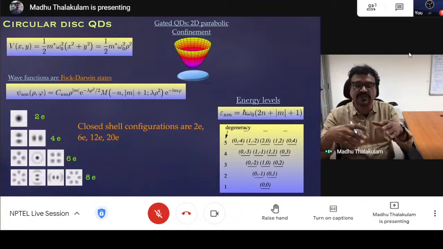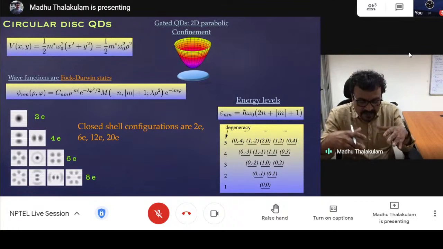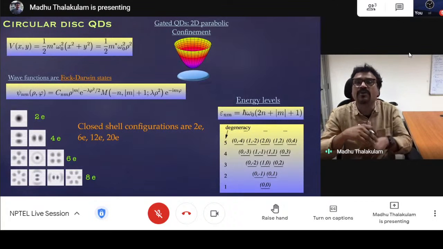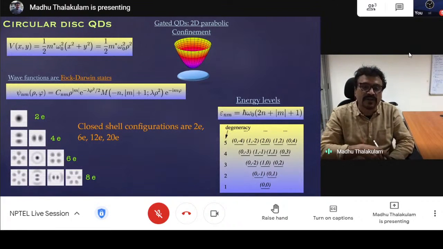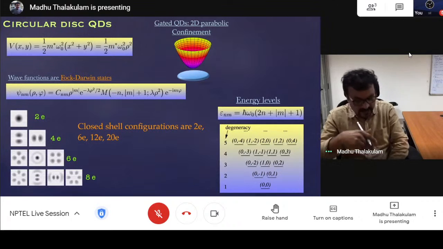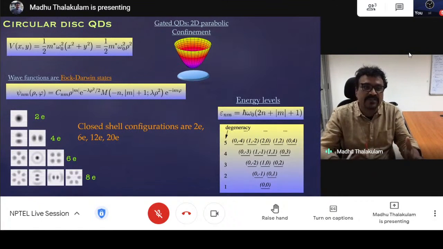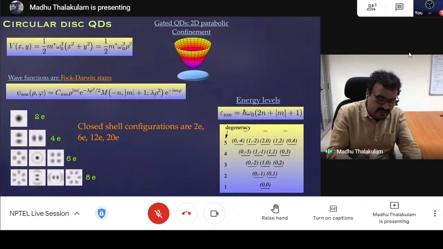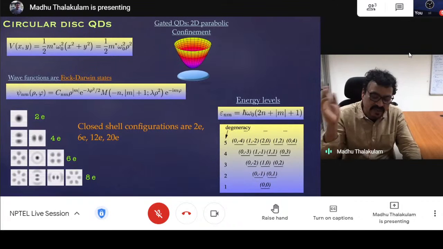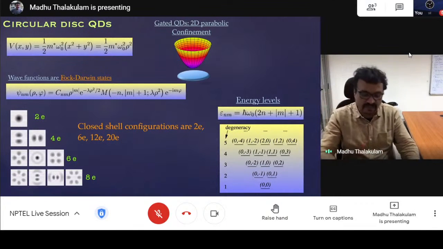You can approximate the naturally gate-defined quantum dots as disc-shaped quantum dots. They are also called pancake kind of quantum dots. Okay, you can solve the potential and you can solve the wave function, and those are actually called Fock-Darwin states. It's a two-dimensional parabolic confinement, which looks like this.